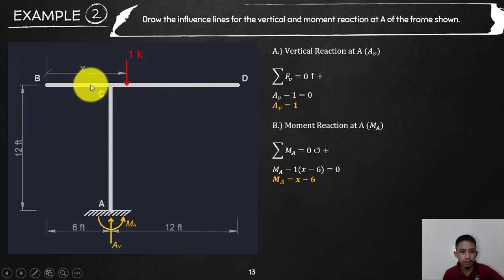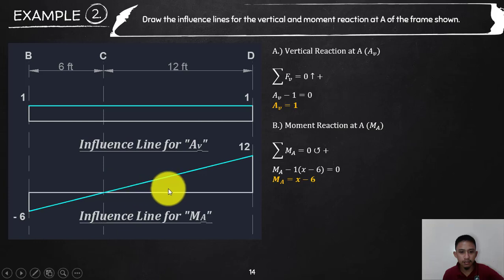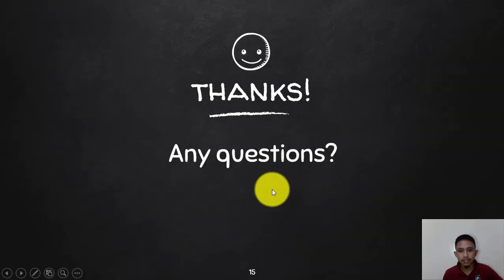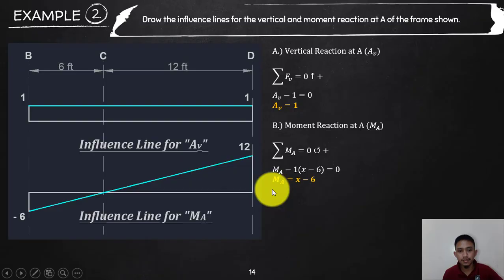All you need to do is locate the 10 feet in this line, or substitute 10 to the x in your equation. You will have your MA ordinate of unit load. All you need to do is multiply the value of the actual load. So that's it. Influence line, application of influence line on beams and frames.